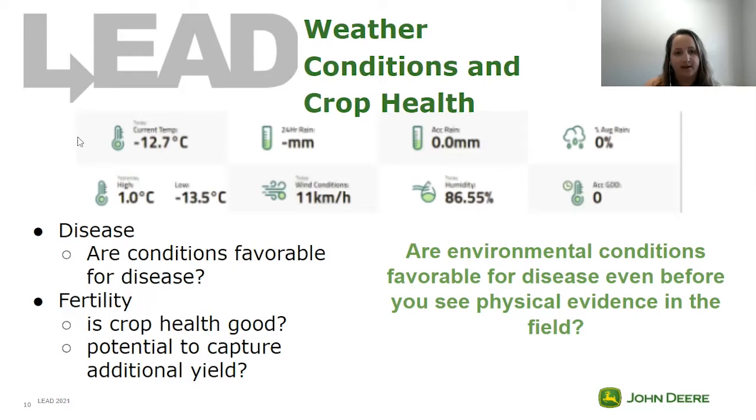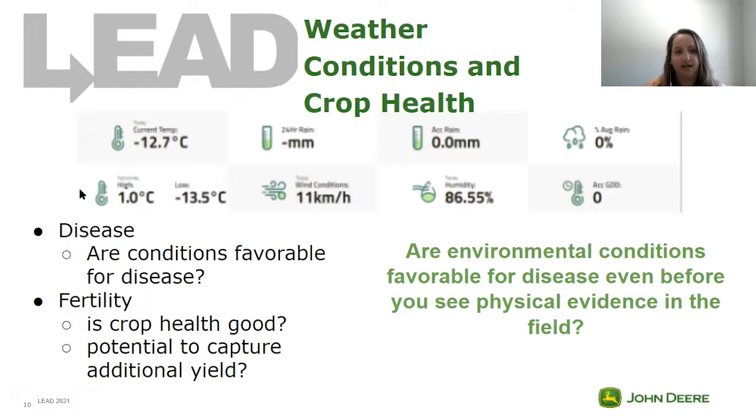So where this weather condition comes in handy when we talk about crop health is disease. So we know that disease is very much weather driven. We're talking humidity, temperature, and what the conditions are in the canopy. This information provided by Crop Intel can help us make that decision to get out into the field a little bit sooner. We know that it's important to get out and spray for disease prior to seeing physical symptoms in the field, which is really hard, to spray for something that you cannot see.